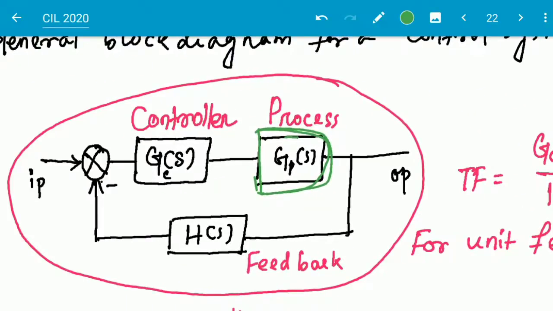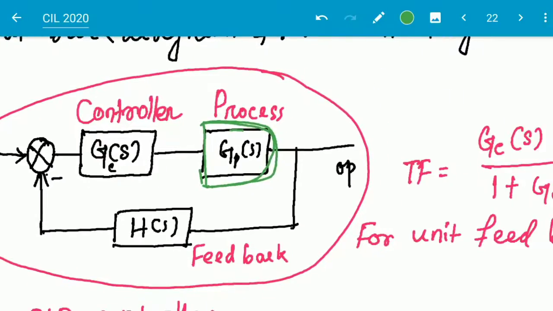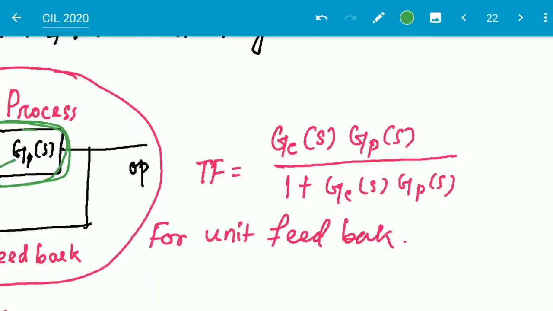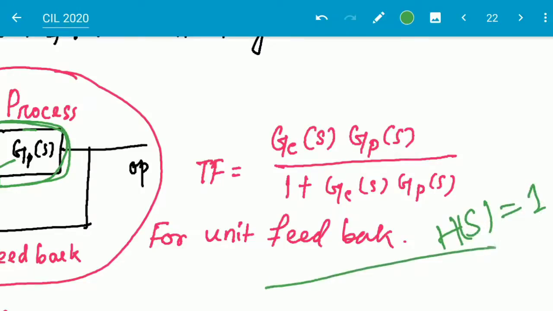First, the transfer function of the whole system is given by GCS into GPS by 1 plus GCS GPS, where HS is unity feedback, that is HS is equal to 1. Hence this is the transfer function.